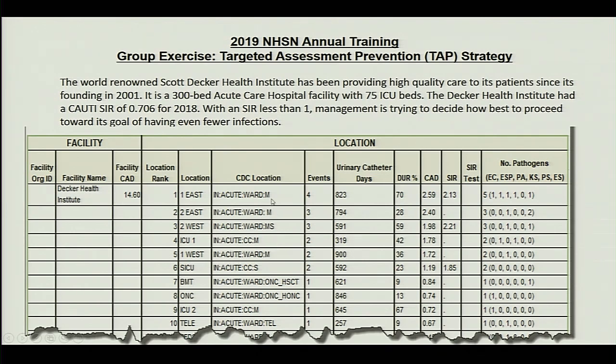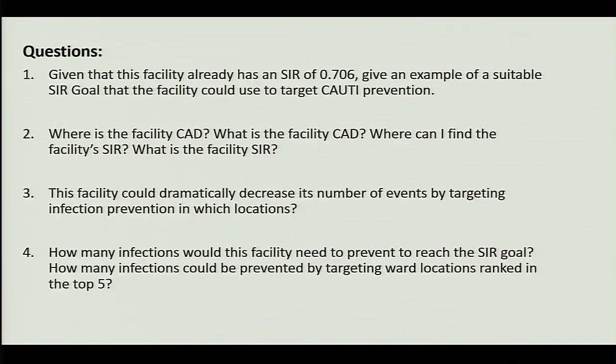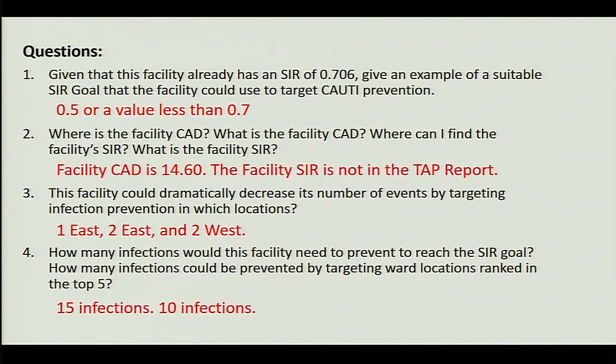If we're looking at the CDC location, these are our ward locations, and it has a CAD of 1.72. So we would have to prevent 2 infections in the ward location. So 3 plus 3 plus 2 plus 2, because 4 of our top 5 locations are ward locations, that would be 10 infections. Okay?